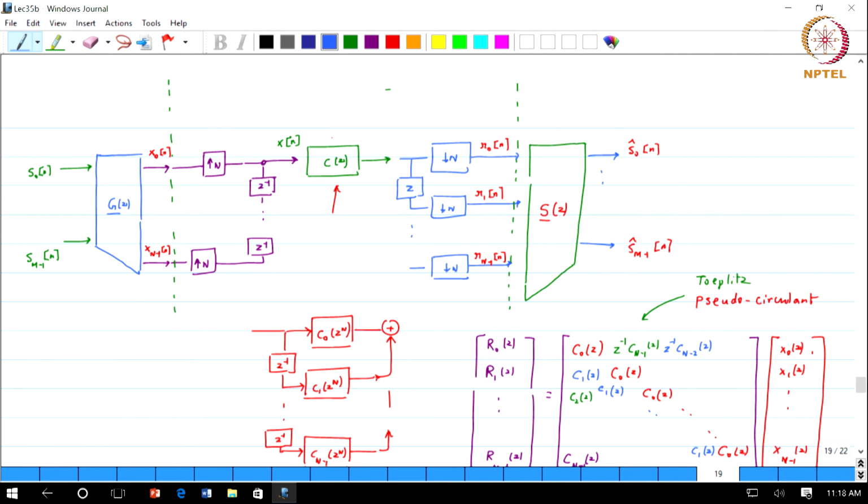R's are the input to the S matrix, and X's, X0 to X(N minus 1), are the outputs of the G matrix. So, between these two sets of green lines, we got this transfer function, and we showed that it was pseudo circulant. Okay. So, this is pretty much where we are in terms of the overall understanding and overall representation.